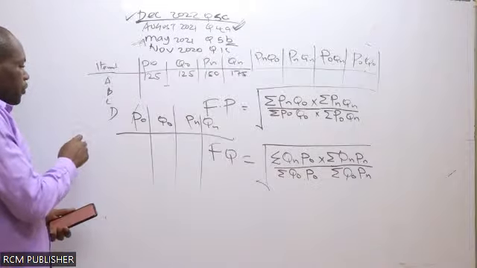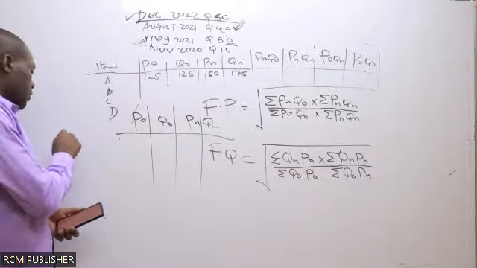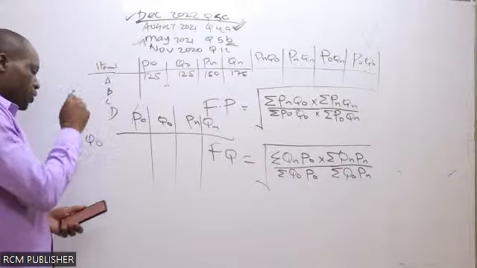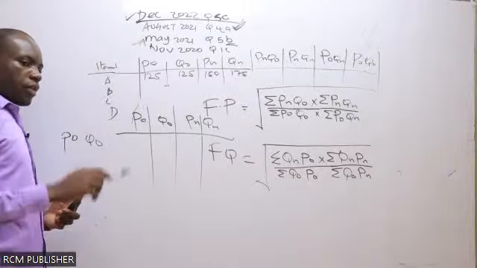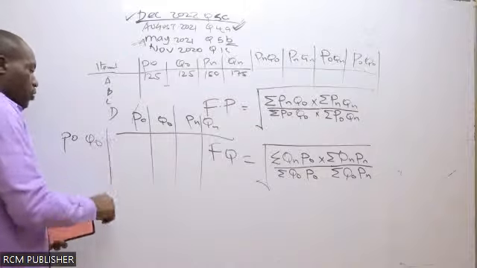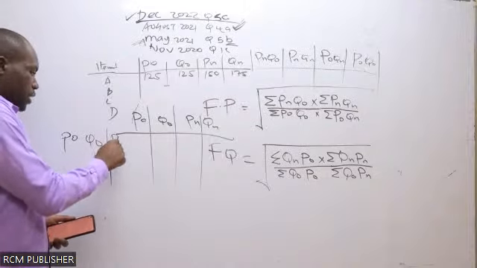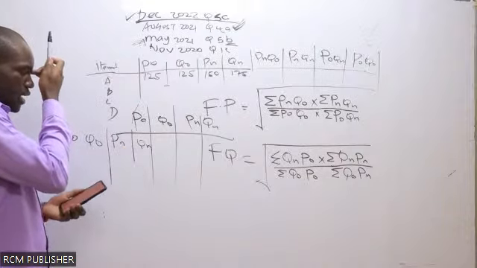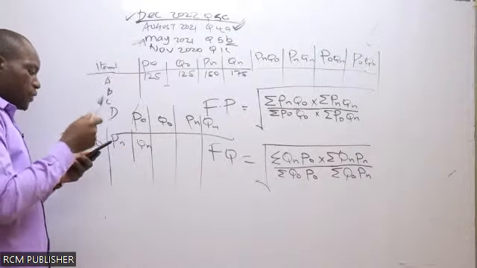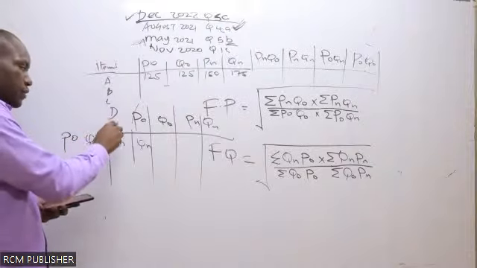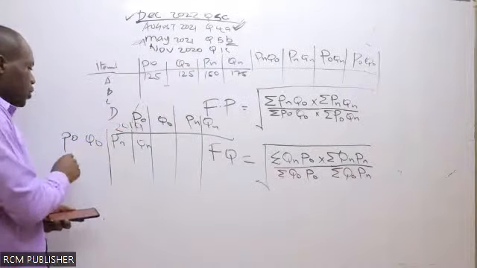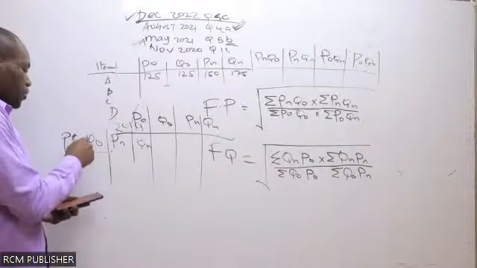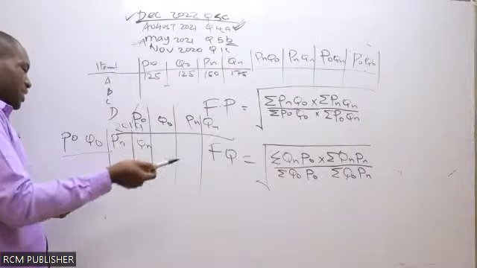So the values for 2017 will be PO, QO. Then part one of the question, we are going to have PN, QN. This PN, QN will be the values for 2019 first. So these ones here will not change because we have been told 2017 remains the base year.